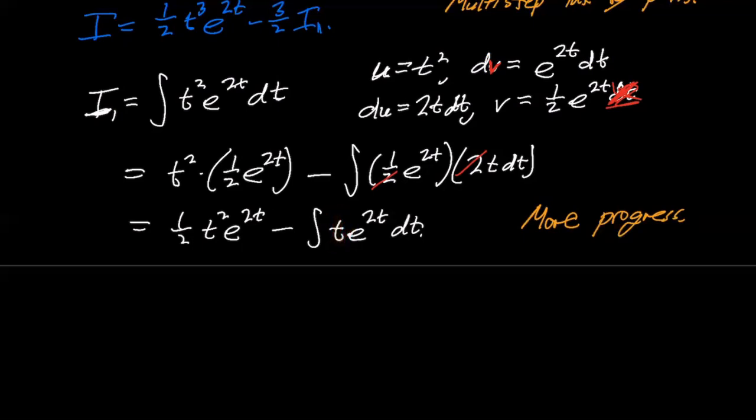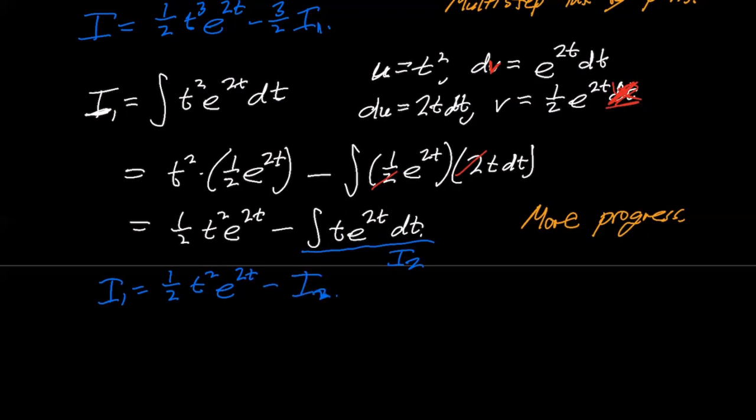Fine. Okay, so let me call this integral I2. So we have I1 is 1/2 t squared e to the 2t minus I2.